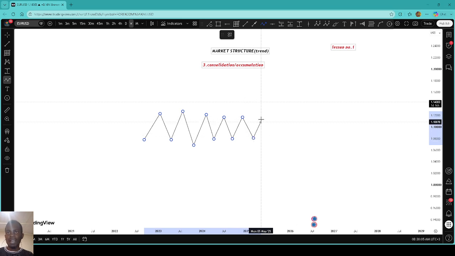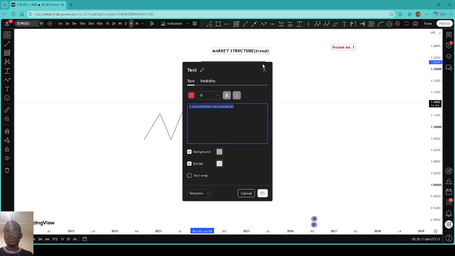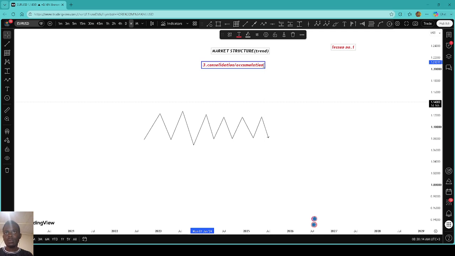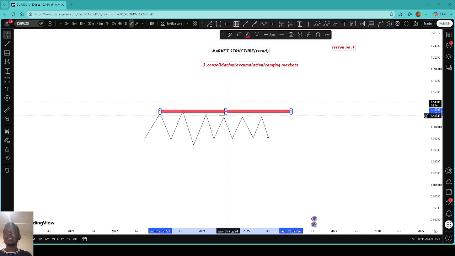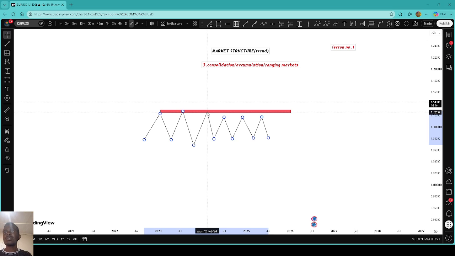So we have the consolidation or the ranging markets. In this type of market, you find that price creates only highs and lows.